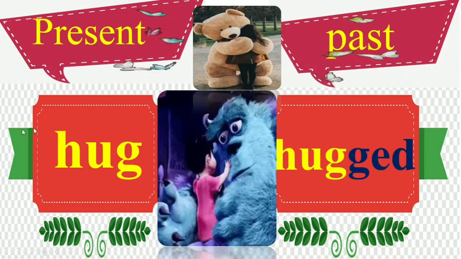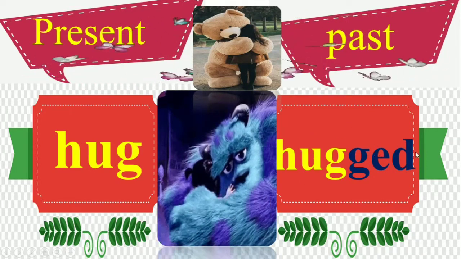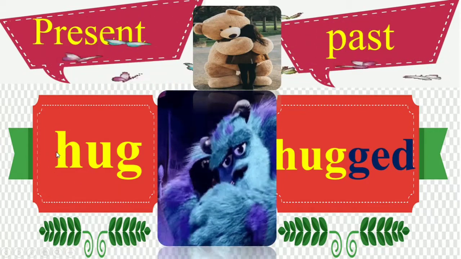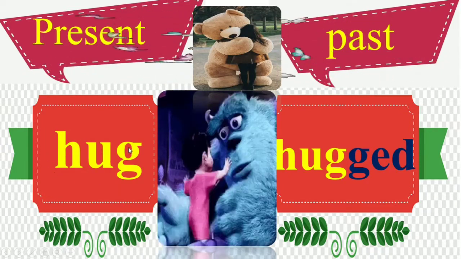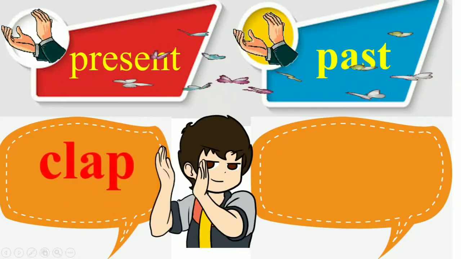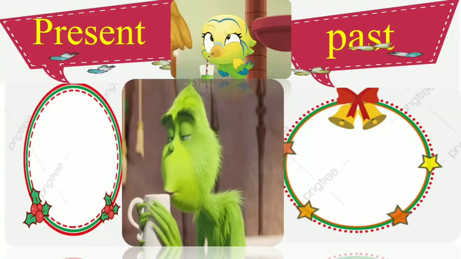Look here, we have doubled the last consonant G and then we have added ed to make it past. And look here, the structure: H is a consonant, U is a vowel and G is a consonant. Then the next one, the present form is clap and the past form is clapped.